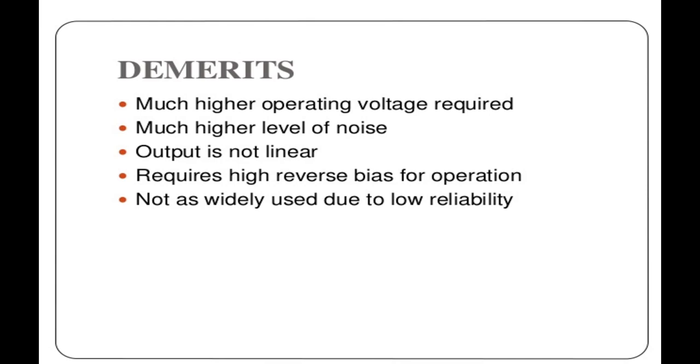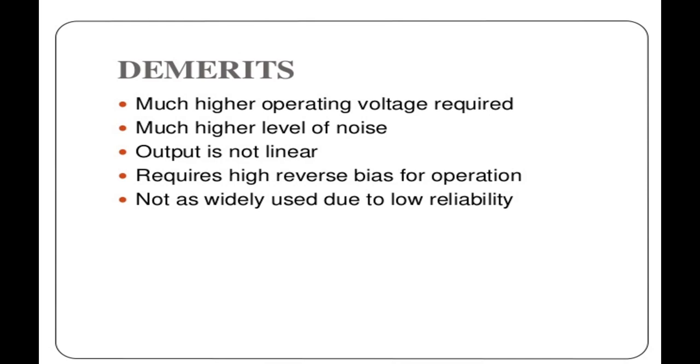The output is not linear because whatever current or energy comes from the rays, for example from the sun for a solar cell, is not constant and varies.